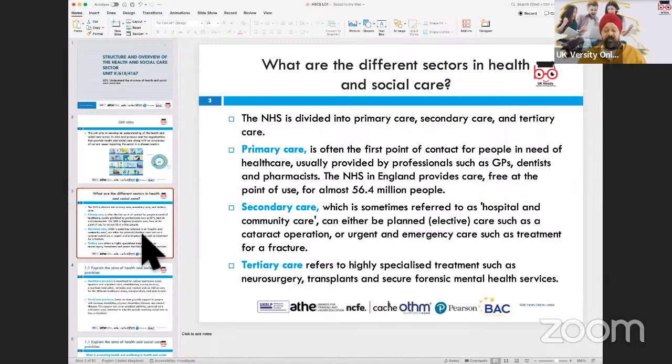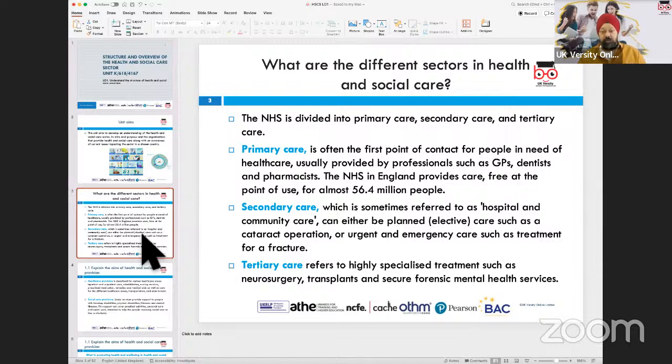Now, mental health services, which is a separate budget now under the National Health Service, is also covered under what is called tertiary care. Now, if you have mental health issues or issues in terms of OCD, for example, one of the disorders, or ADHD, these are now considered as what are called mental health disorders.